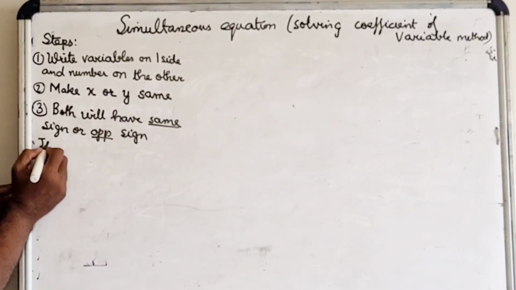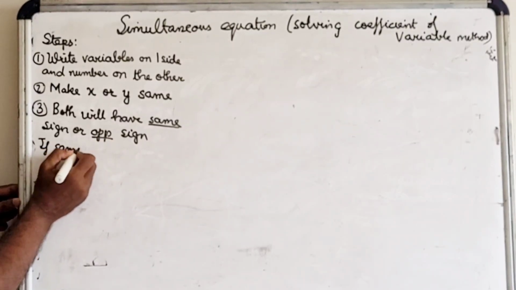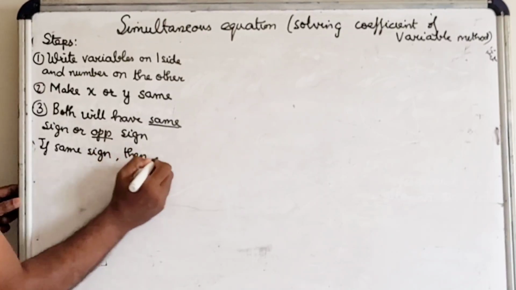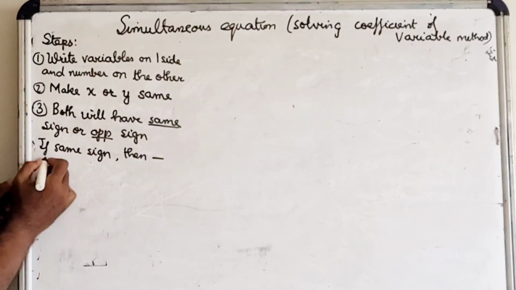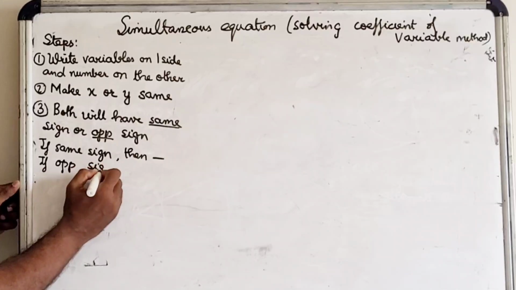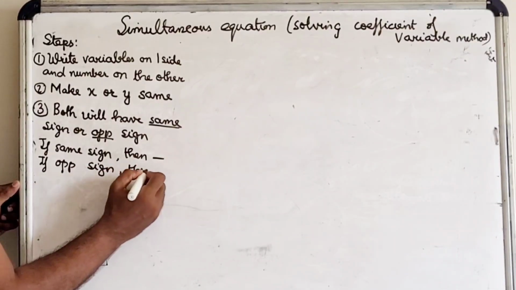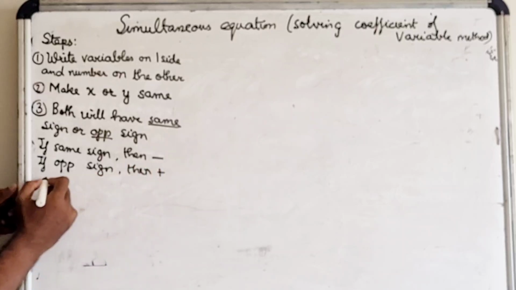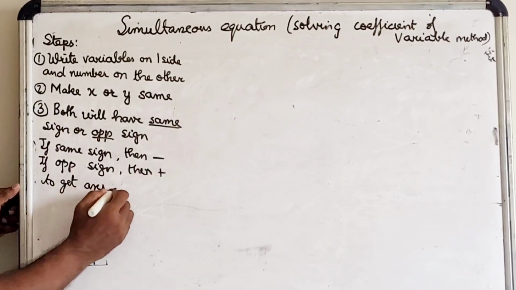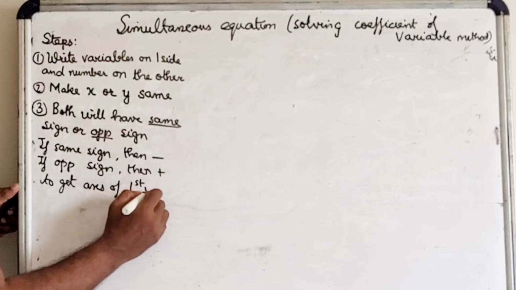If same sign, then subtract, and if opposite sign, then add, to get the answer of the first variable.